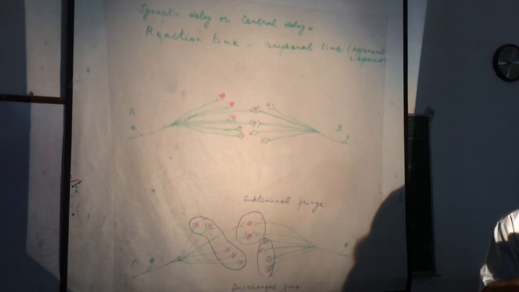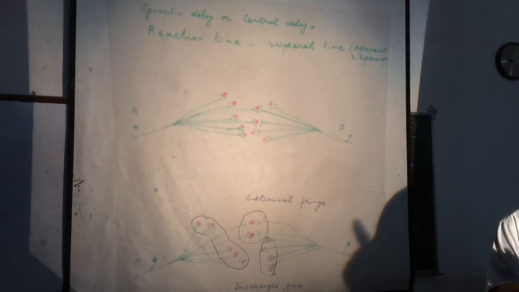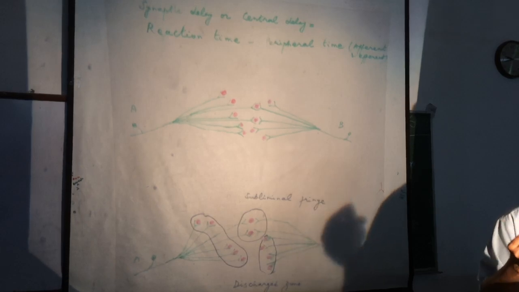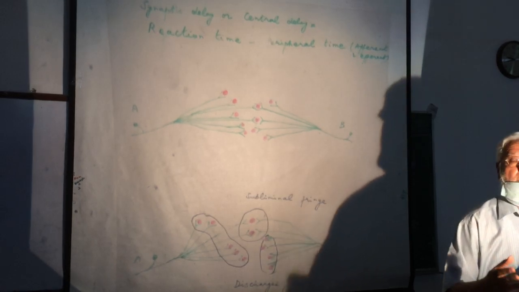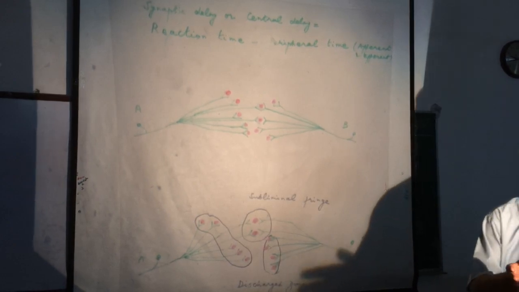The nerve impulse is transmitted through this synapse, and this is responsible for the synaptic delay. Synaptic delay is the time taken by the nerve impulse to pass through the synapse.